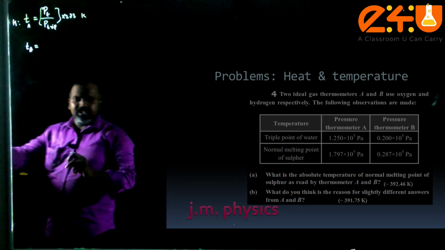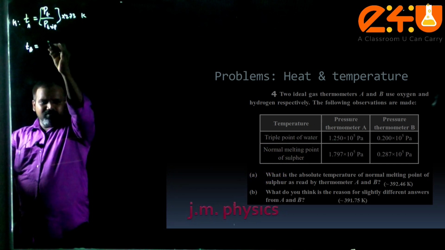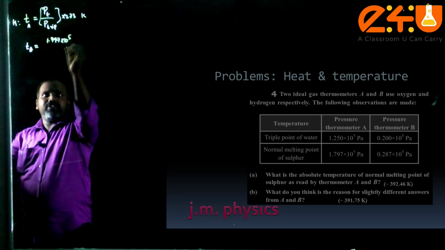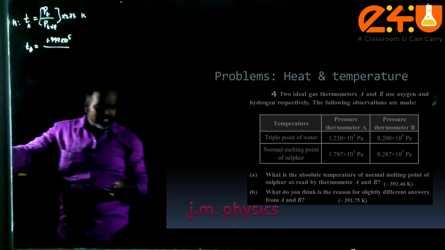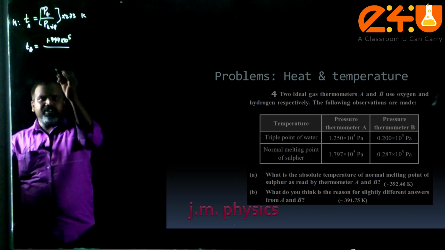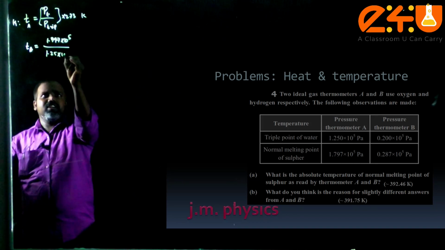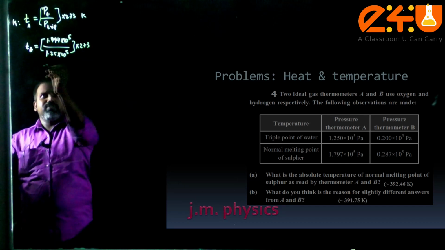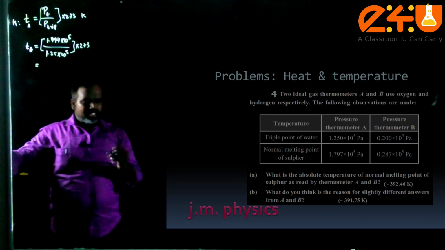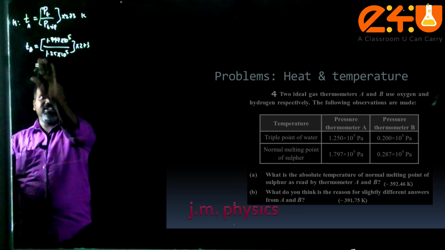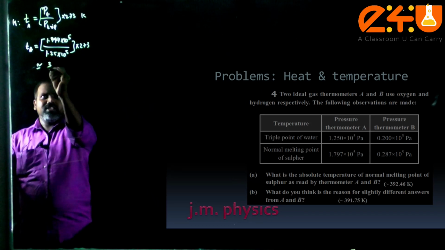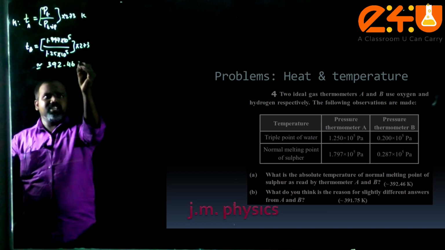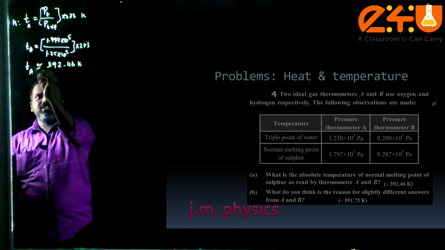So Ta = 1.797 × 10^5 divided by 1.25 × 10^5, into 273. Simplifying this, we get approximately 392.46 Kelvin.